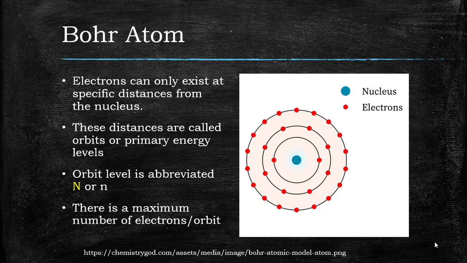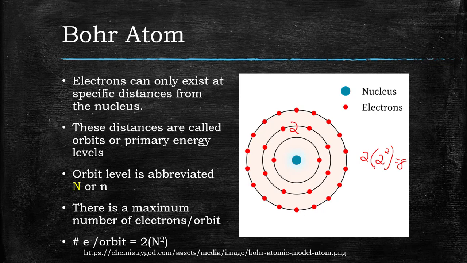It turns out there's a maximum number of electrons you can have in any orbit, and the formula for that is the number of electrons per orbit is equal to the orbital level n squared multiplied by 2. So looking here, we would say that this is the second orbit. So 2 times 2 squared equals 8.